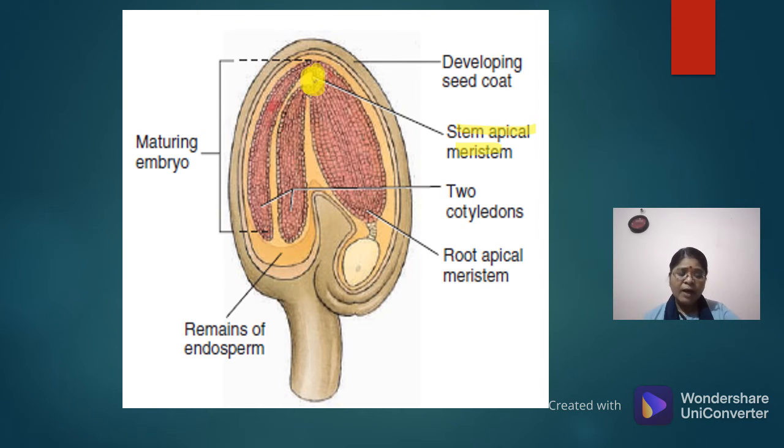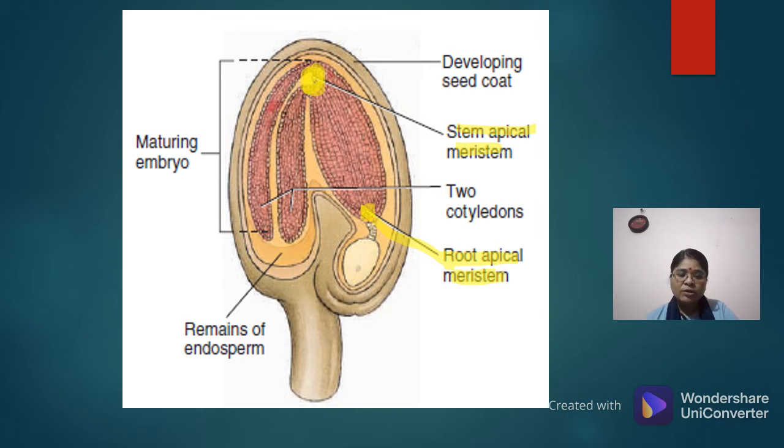And here you will find your root apical meristem, and these are the two cotyledons which contain nutrition for the development of your seed later, and your endosperm is getting used up. So depending upon whether the endosperm is there or not, the seeds are further categorized.